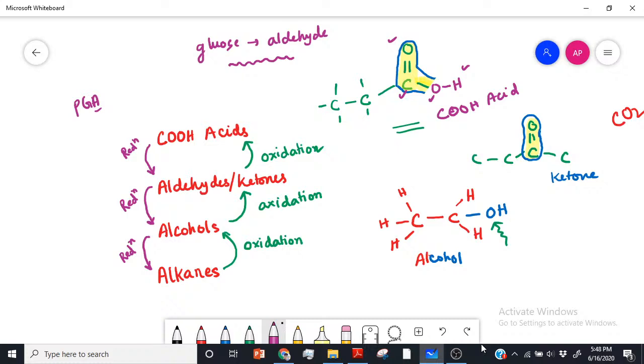That's why the reduction is required, and once you can produce one aldehyde, you can form glucose from that. So right now, the most important part that you should remember for organic chemistry from this class, your take home message, is this.